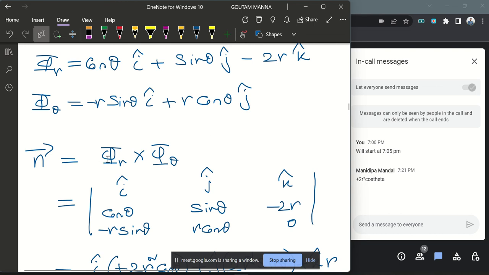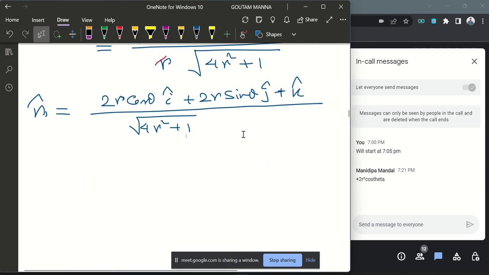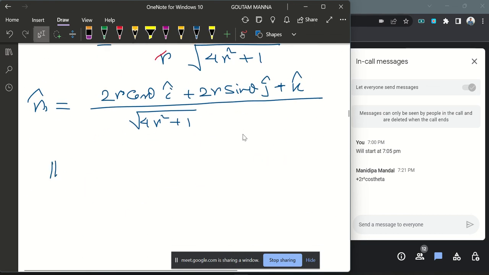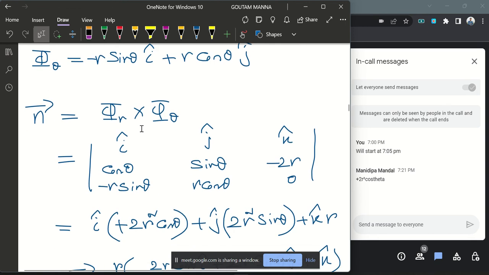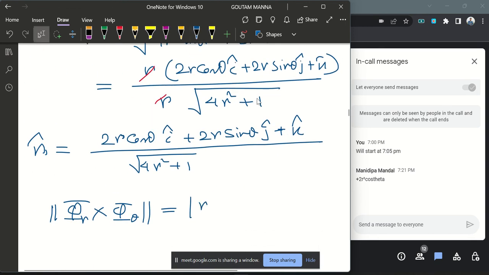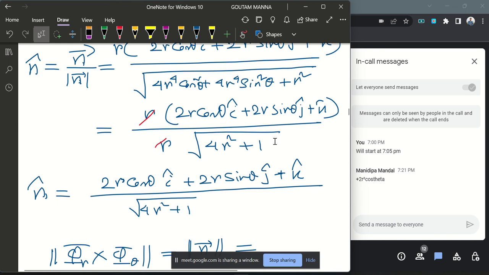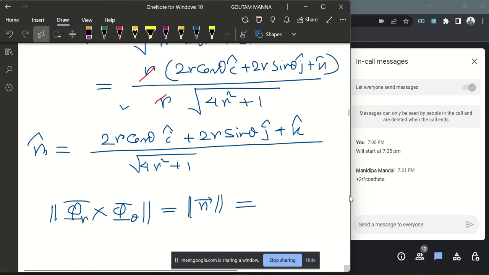And now the magnitude of phi r cross phi theta is basically the magnitude of n, which you have already calculated: r root under 4r square plus 1.